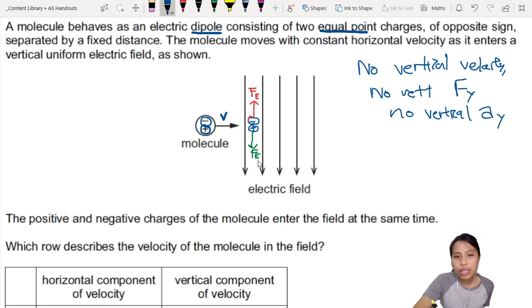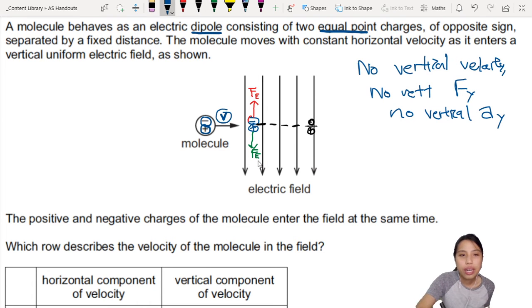Horizontally, is anything going to change to this velocity here? Is there any horizontal force here? No, there's no horizontal force. So it's just going to keep going at the same velocity, just cruising along, the negative and the positive.